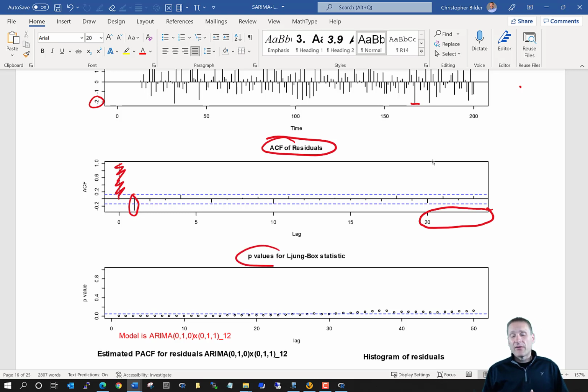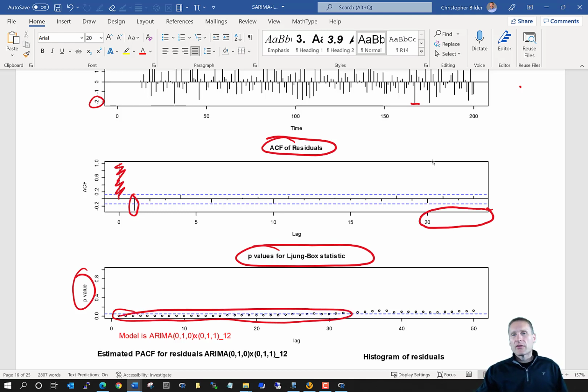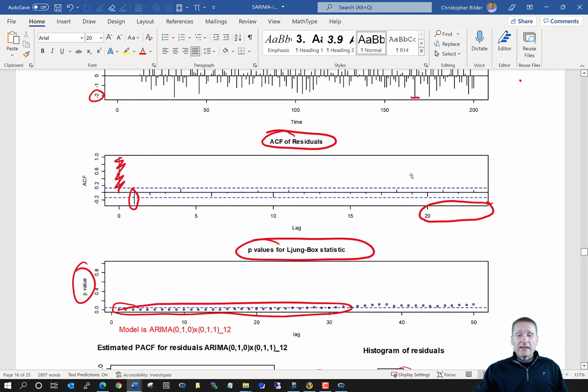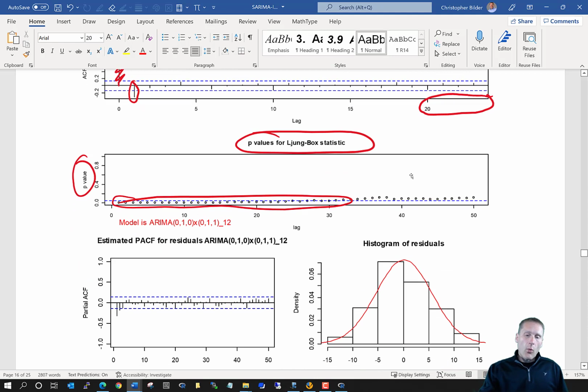Now the p-values for the Ljung-Box-Pierce test, look at this. I have some problems here with autocorrelation. These p-values are very, very small, indicating that indeed changes need to be made. Why is this occurring so soon? Well, it's because of what we saw with the ACF plot of the residuals at lag 1.